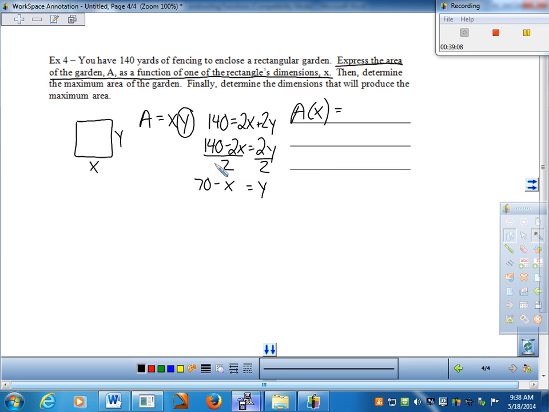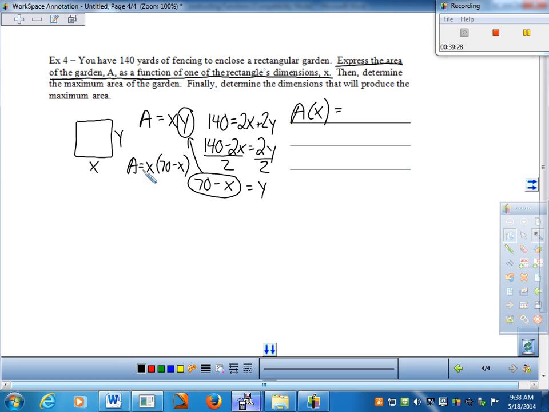That looks outstanding. There we go. Y is equal to 70 minus x. I'm going to circle it, and it's going right in there. Nice. So I'm going to play this out a little bit below, but area is equal to x. This replaced the y, so x times 70 minus x. That's super.